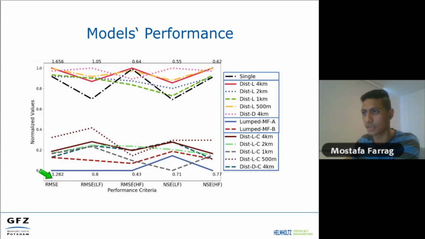So here at the lower axis, these are the low values of root mean square, and this is the high value. These values are normalized in order to present all the metrics in one graph, and that's the maximum value. And for Nash-Sutcliffe, the minimum is up here and the maximum is down here, to make all the good models on one side. So these are the good models, with low values of root mean square and high values of Nash.